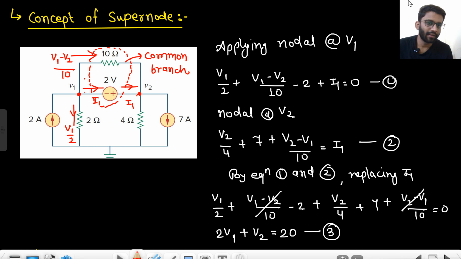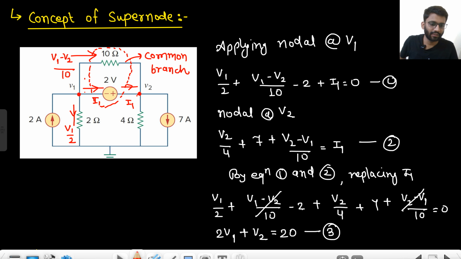V2 can be written in terms of V1, or V1 can be written in terms of V2, whatever we can say. So whenever there is a common branch between two nodes and one node can be written in terms of the other node, then we can ignore the current in the common branch.